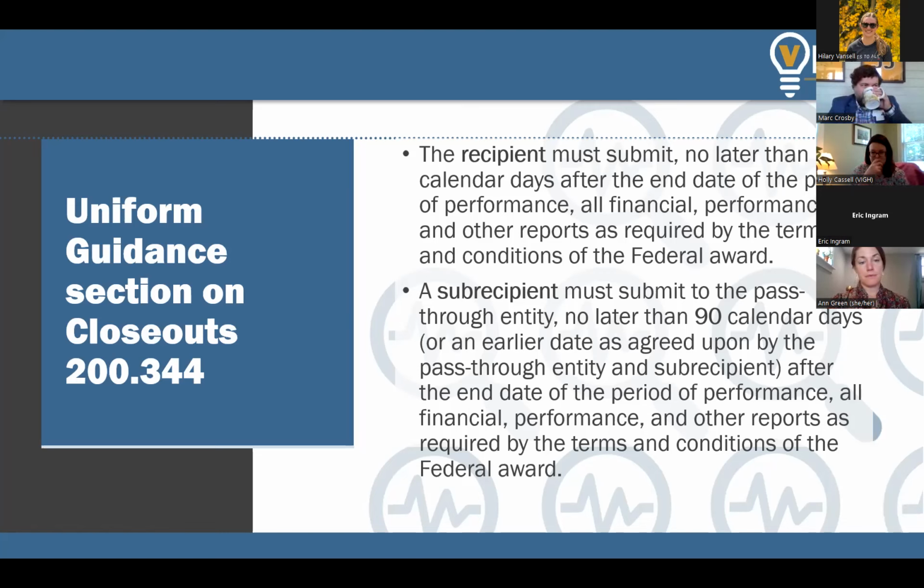The reason for the difference in the number of days is that, as a prime recipient, you have 120 days to turn around the report, and as part of that closeout review, you also need to receive any invoices coming from a subrecipient. The subrecipient needs to get that information to you in enough time to report it and include it in the financial report. So the subrecipient deadline is 30 days less than if you're the main recipient.